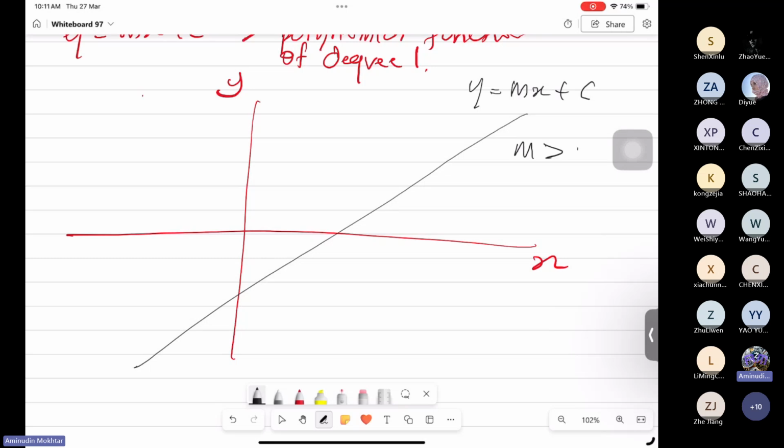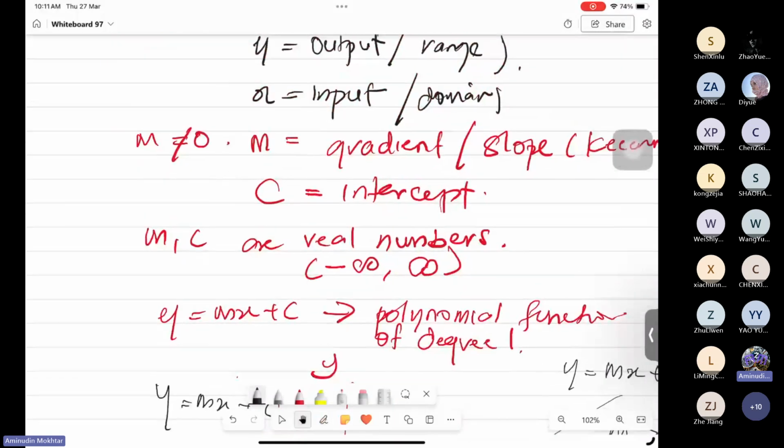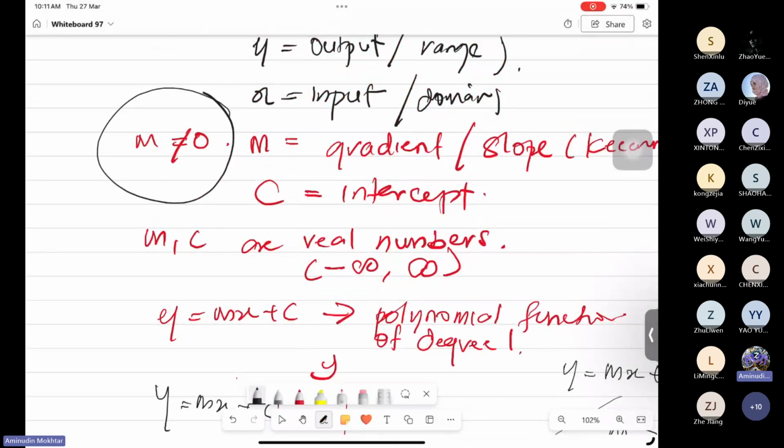In this case, m is positive. And then the second one, let's say m is negative. Let's say we have another function, y equal to mx plus c, but at this time, m must be negative, like the linear function. But the condition is m must not equal to 0.